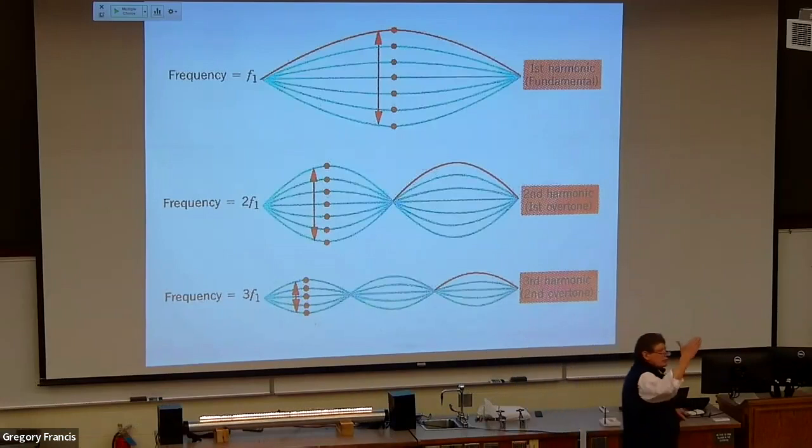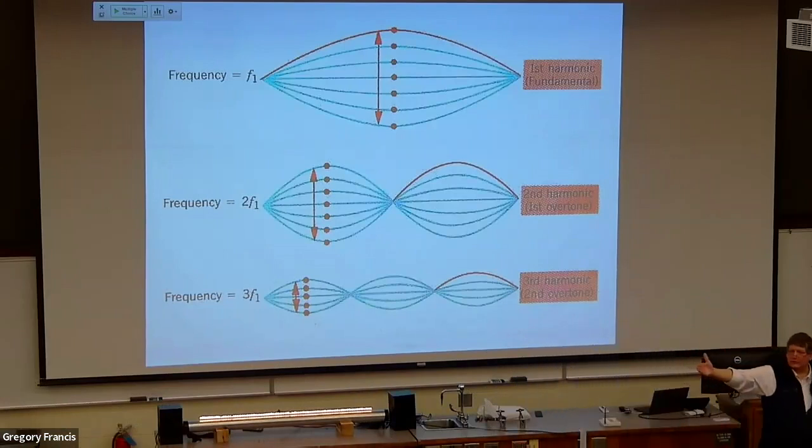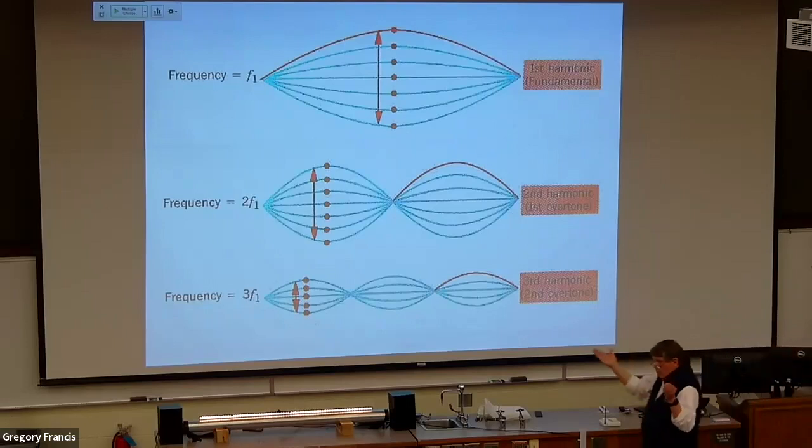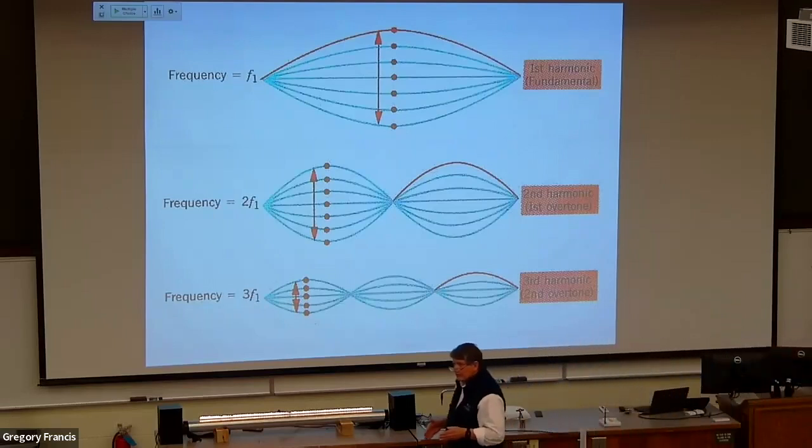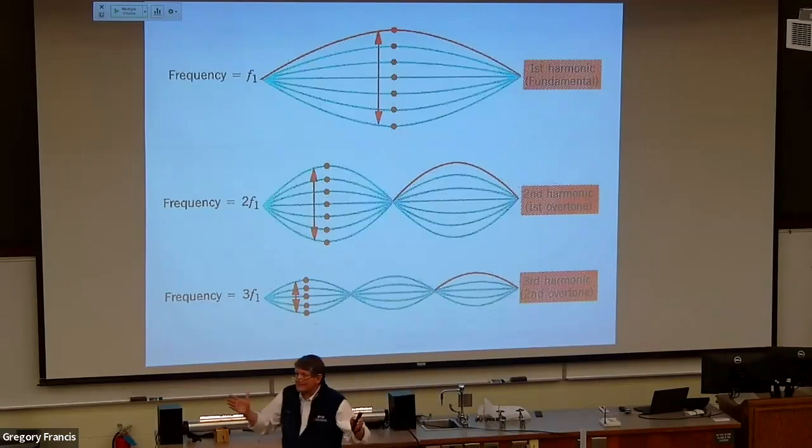Every time we go to the next allowed resonance, the next mode that will resonate, we have to add one football. So we go from one football to two footballs to three footballs to four footballs. Now, if I go from one football to four footballs, I've crammed four times as many footballs into the same space.